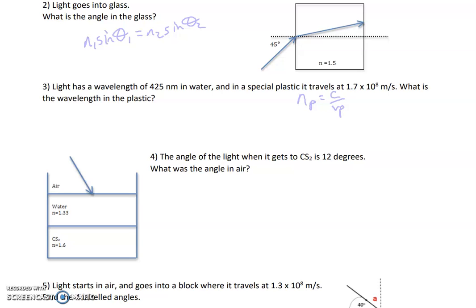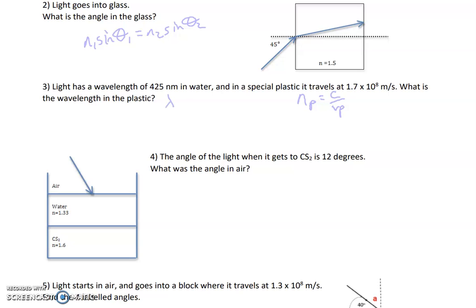Now, of course, the light has a wavelength of 425 nanometers in water, not in air or vacuum. So the first index doesn't have a value of 1. It's the index of water, 1.33. But you can just use basic ratios to figure out what the new wavelength would have to be. And if we go back to the way we derived Snell's law in the first place, it was all about ratios.